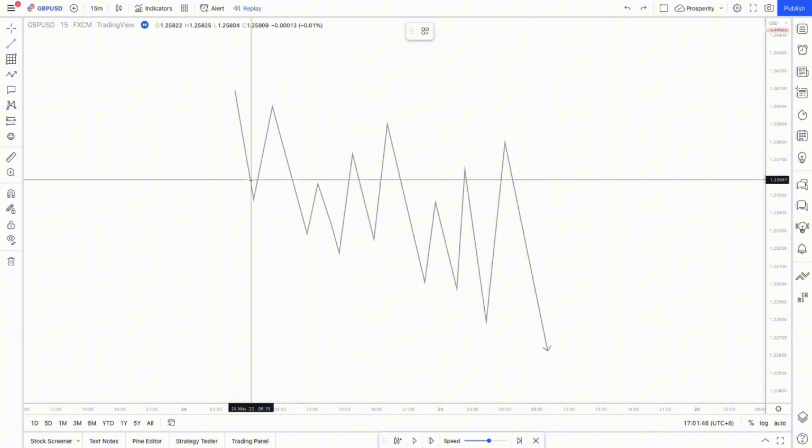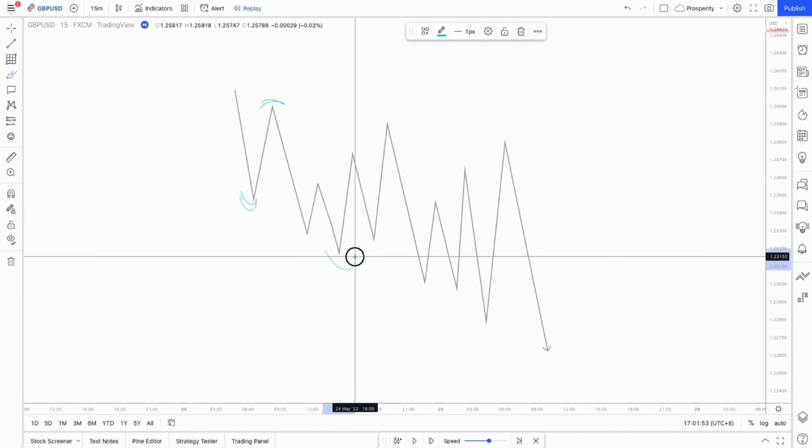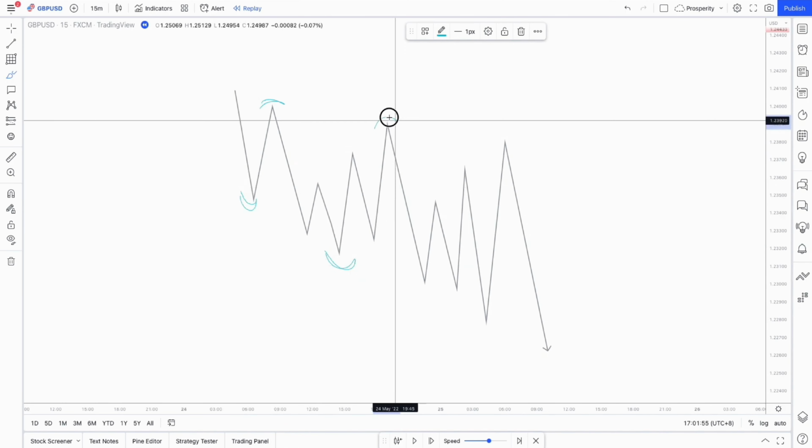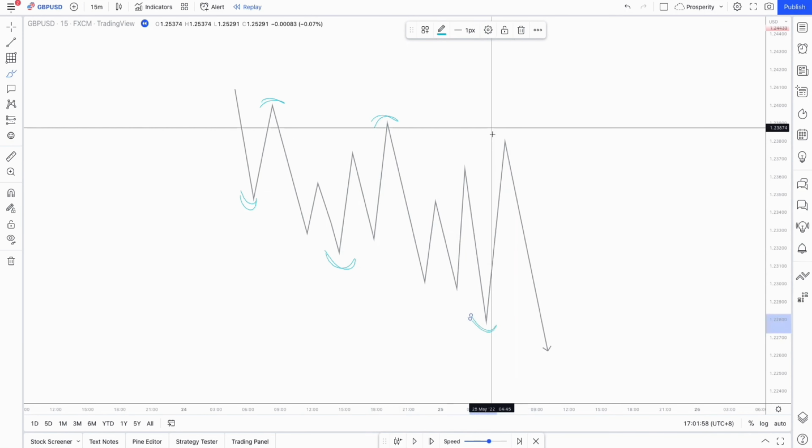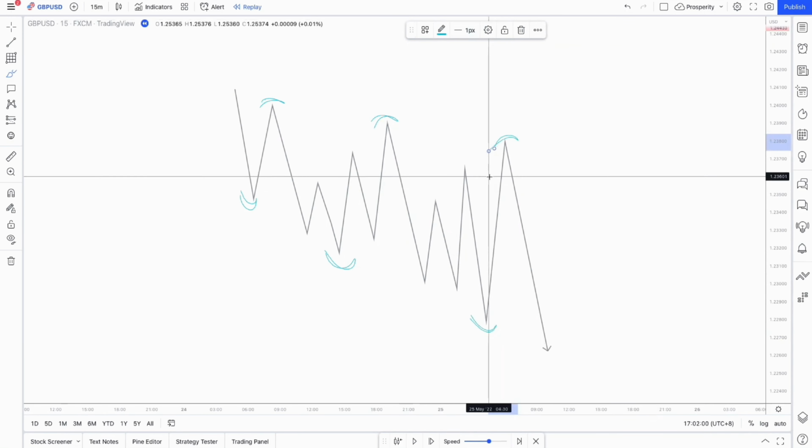You'll see price puts in a high and a low, and a lower low, a lower high, a lower low, and a lower high. That's what successful smart money traders understand as order flow.